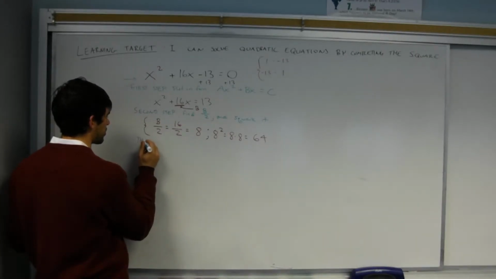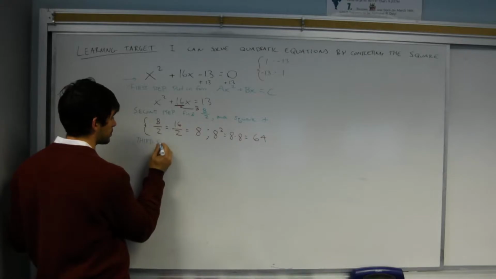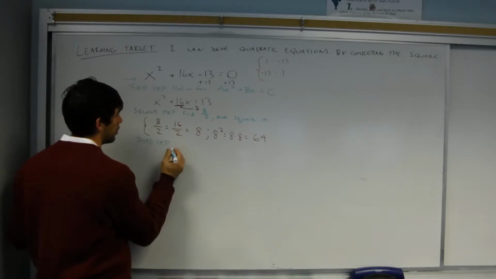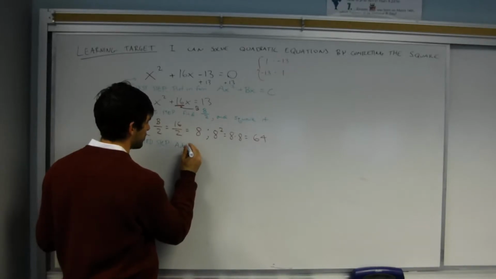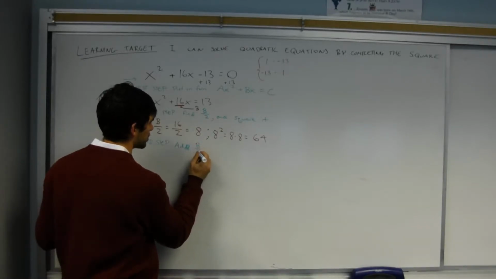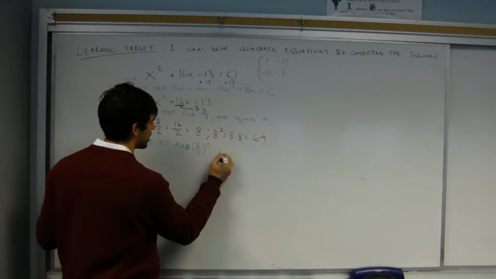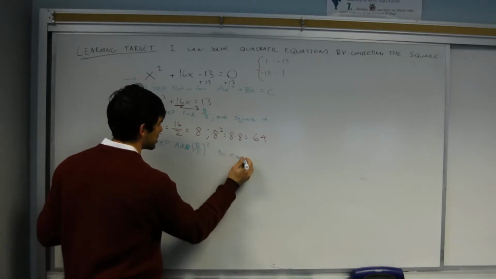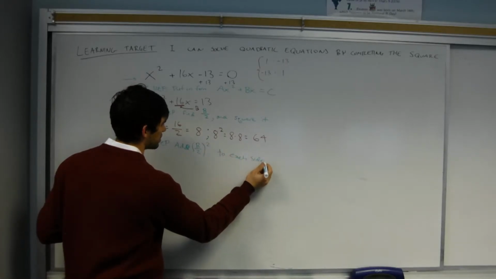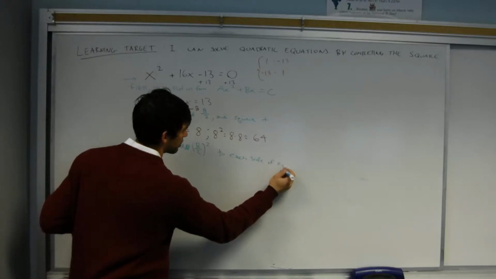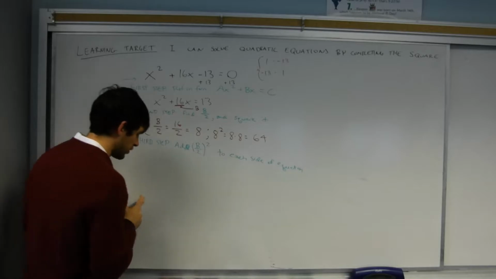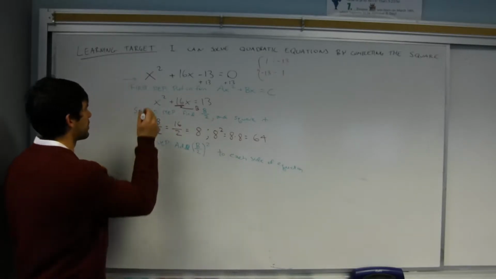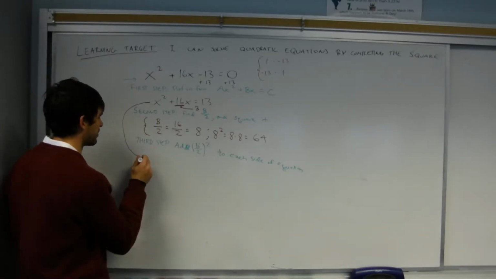So now our third step would be we want to add b over 2 squared to each side of the equation. So now we're going to go back to our main equation.